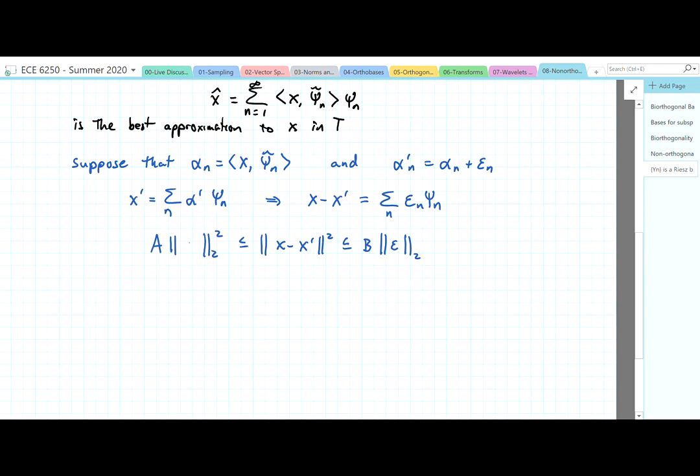This would be the E vector here, or the epsilon vector. By a B on the upper side and A on the lower side times epsilon.